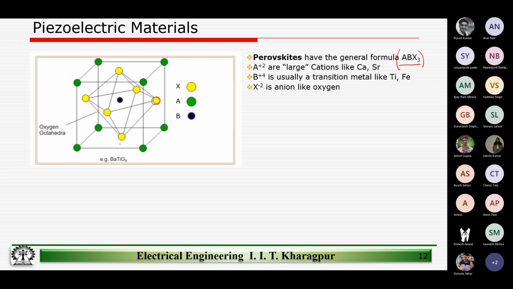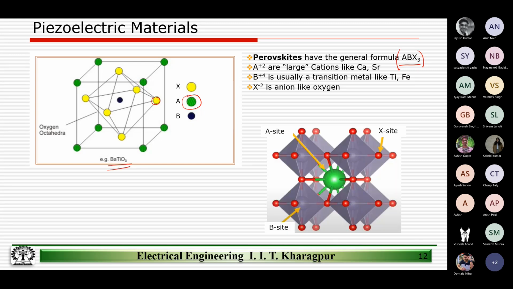And we have 8 corners. So the positively charged large cations, which are nothing but A, are sitting in the corners of the cube, and the second metal ion, which is B, the cation with plus 4 overall charge, is sitting right in the center, right? And an example of ABX3, a perovskite material, is barium titanate.